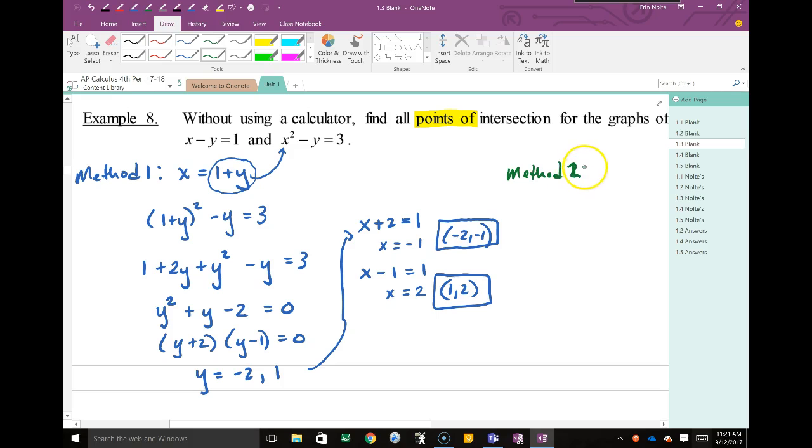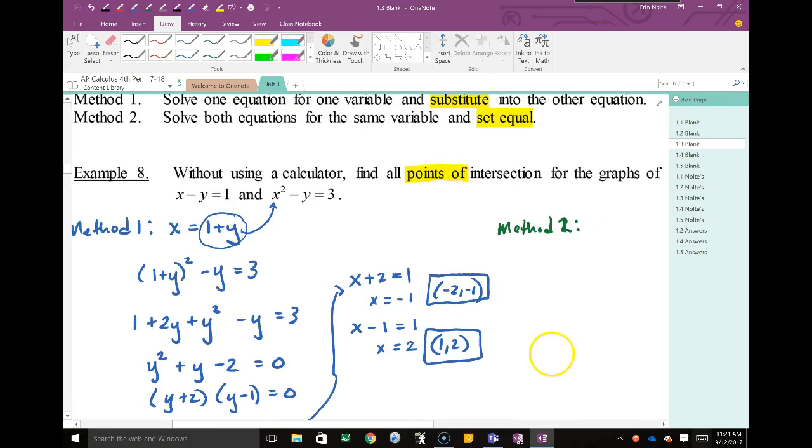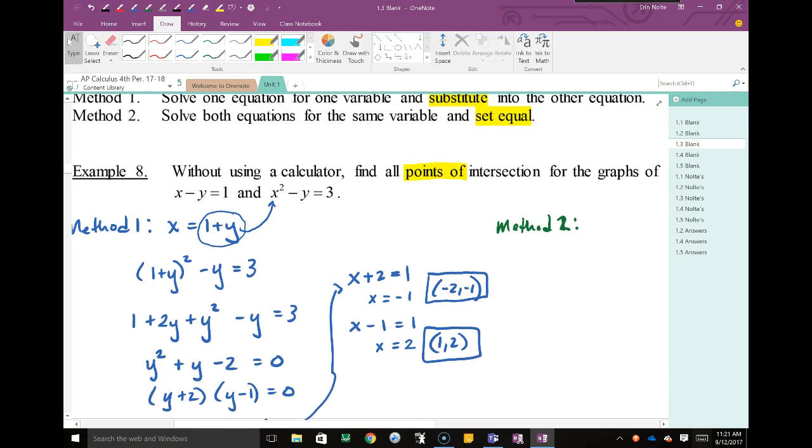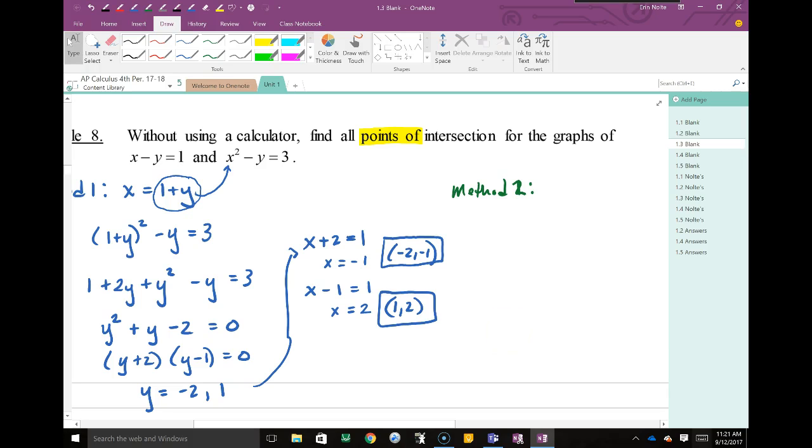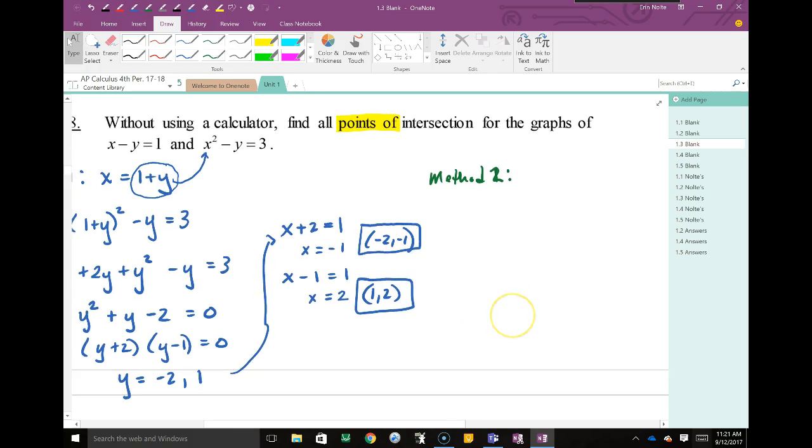Okay, method 2 asks you to solve both equations for one variable and then set them equal to each other. So my brain naturally works to solve for y because that's what we always do when we solve equations. So if I was going to solve the left-hand equation for y, what would that be equivalent to? What would y equal?